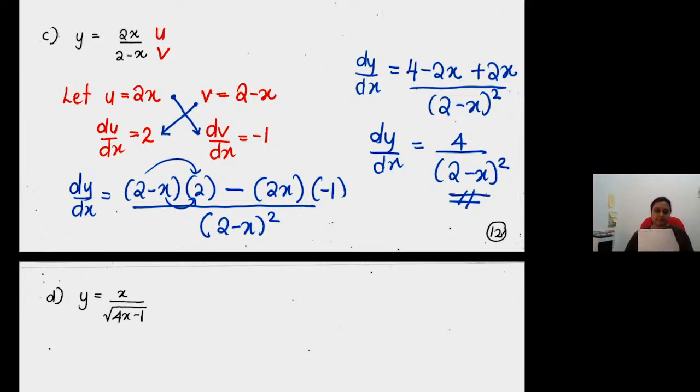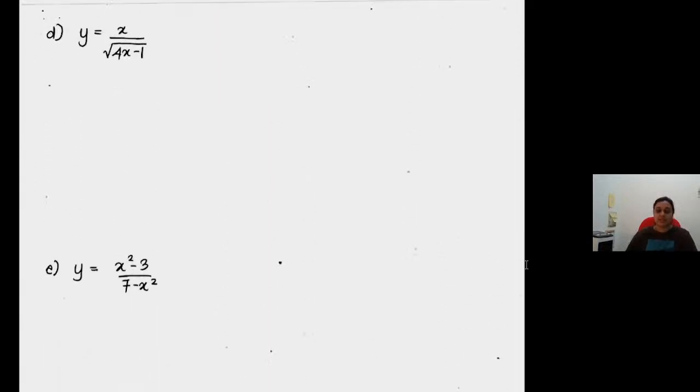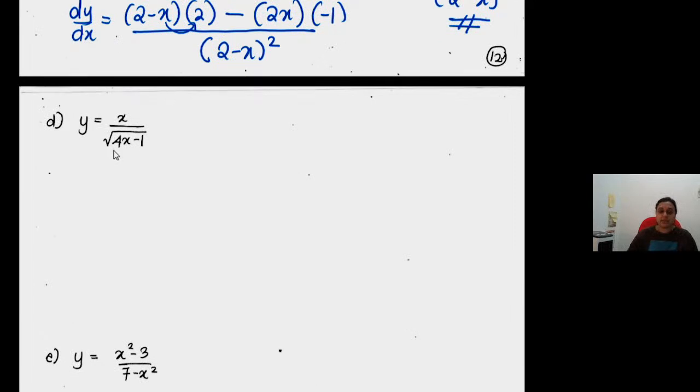Now we go to DEF. You can use quotient rule again. The teacher wants you all to try DEF as homework also, because this is U and this is V, right?